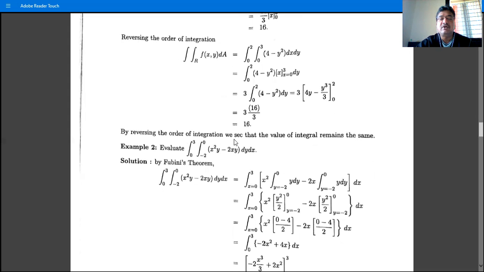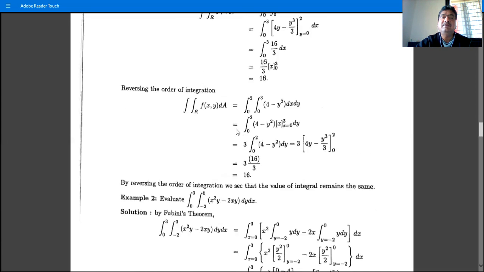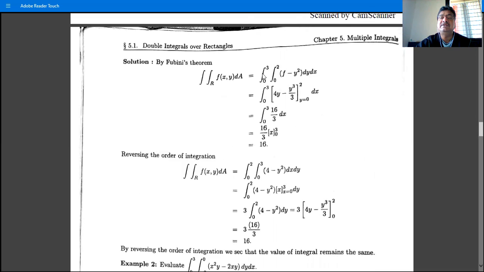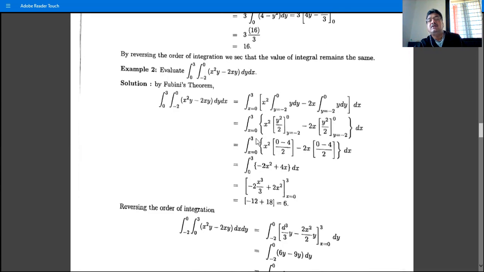By reversing the order of integration, we see that the value of the integral remains the same, and this is Fubini's theorem actually. But if the limits are not constants and we reverse the order of integration, then we have a different answer.